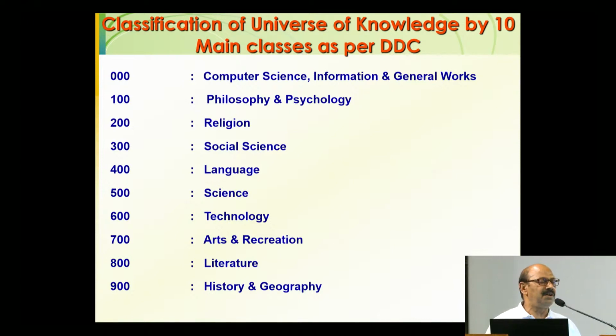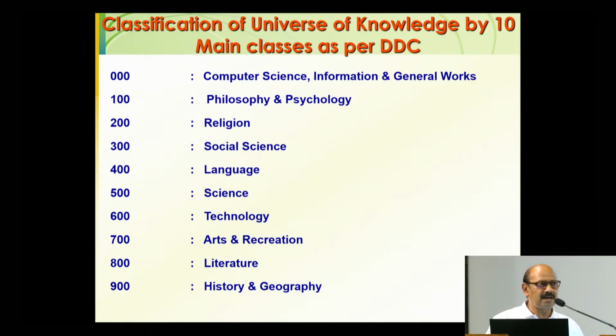The universe of knowledge is classified in these six halls. If it is not classified, it will be very difficult to find the books. Therefore we have classified it in such a way that each and every student can get their resources in minimum time. For this we have applied the Dewey Decimal Classification System, starting from 000 to 900.